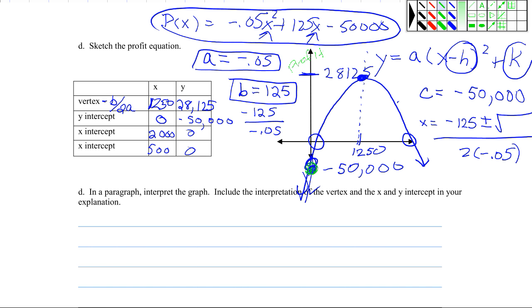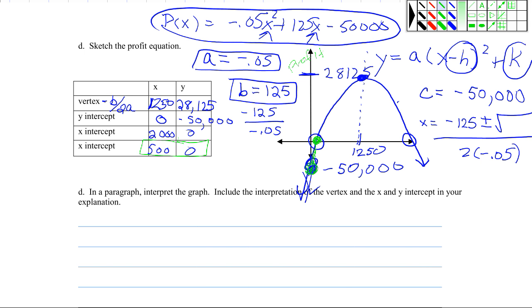Okay, now if you start making and selling shirts, your profit will start to increase. For a little while, it's still negative. When you get to this point, which is called the break-even point, that is the x-intercept of 500, 0. That means if you make and sell 500 shirts, your profit will be 0. Now, that doesn't sound great, but it's an awful lot better than having a profit of negative 50,000.